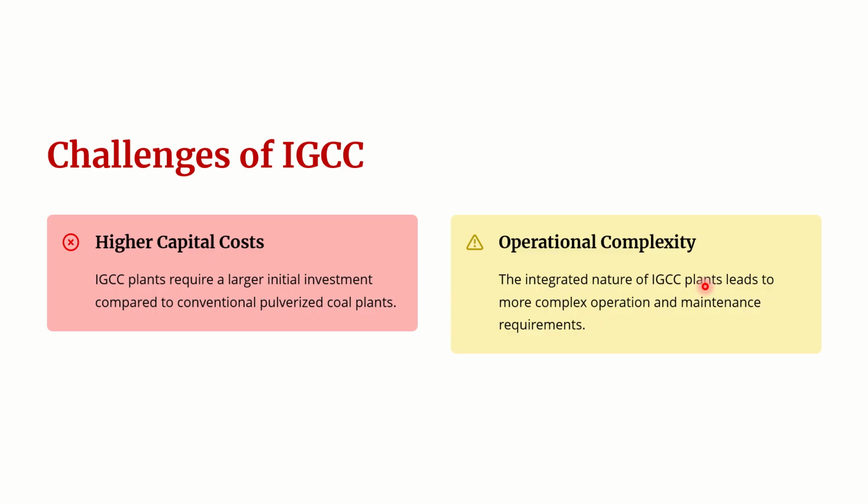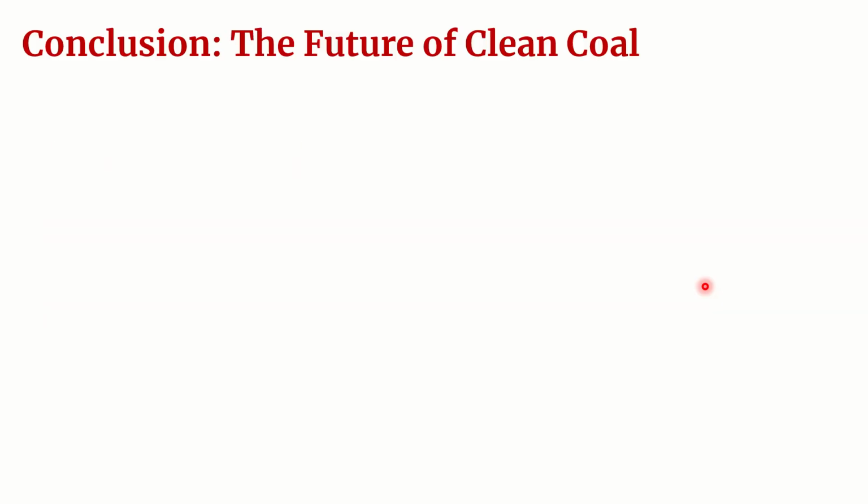Operational complexity: the integrated nature of these plants leads to more complex operation, and it also involves more maintenance. So these are all the challenges involved in integrated gasification combined cycle power plants.